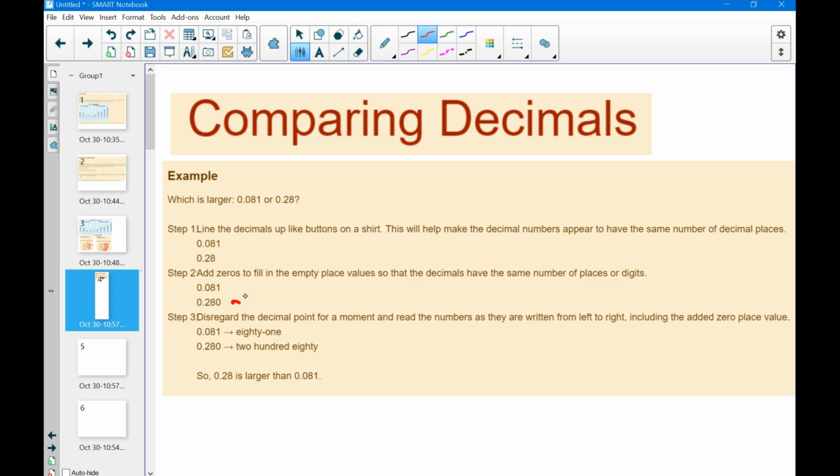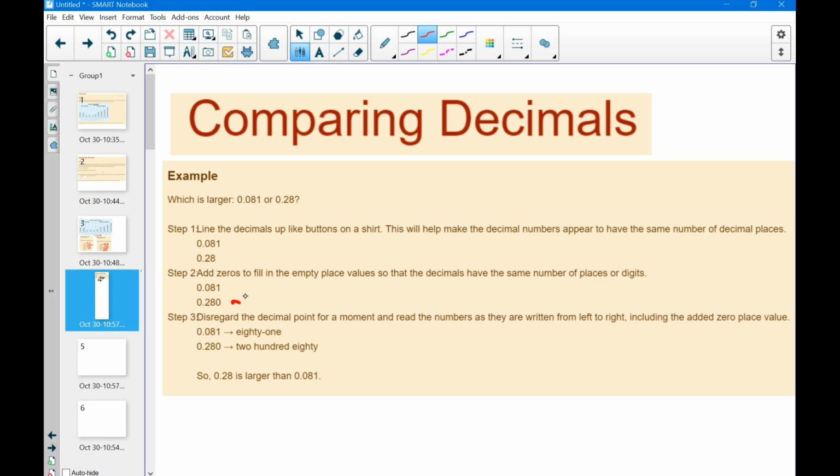And then you look here, it says disregard the decimal point for a moment. Read the numbers as if they were written like normal numbers. So it would be 81 versus 288. So 0.288 is larger than 0.081.